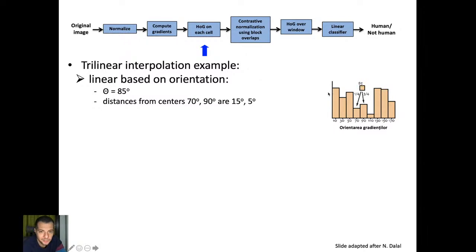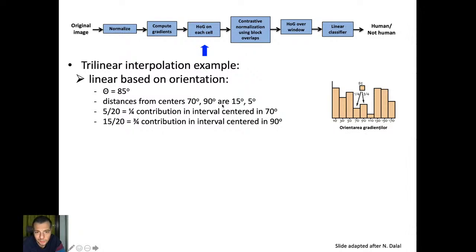So 85 is 5 degrees away from this center, and 15 degrees away from this center. The weights are inversely proportional. So the contribution to the bin at 70 is 5 divided by 20, which is the distance between centers, and the contribution to the other center is 15 divided by 20, which is 3 by 4.